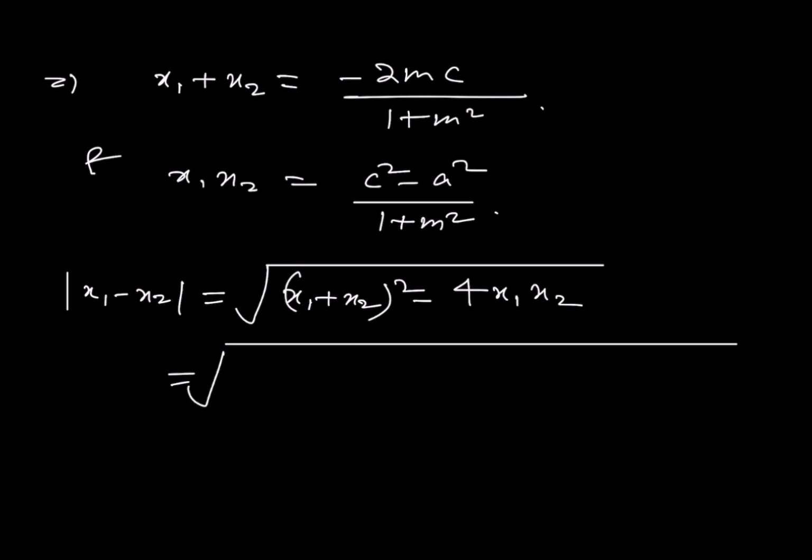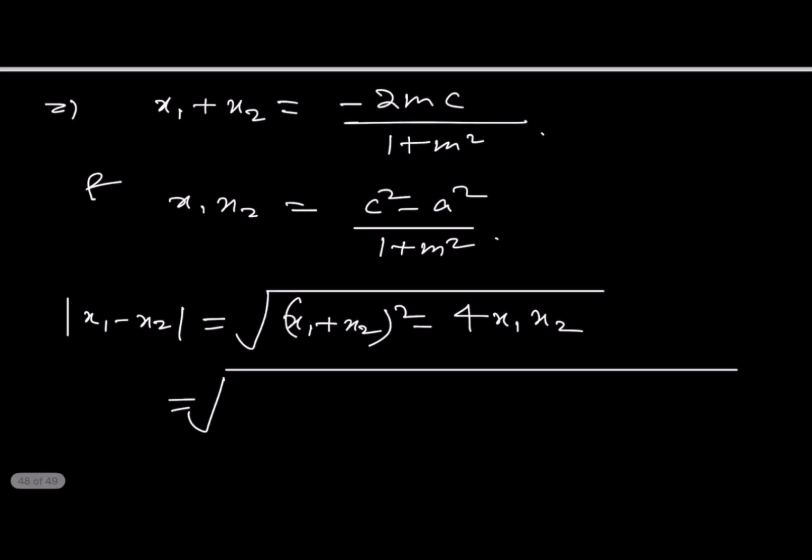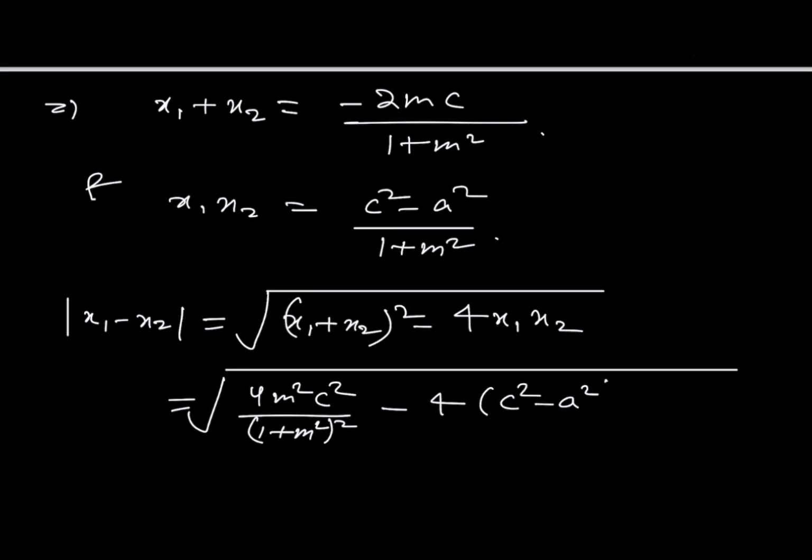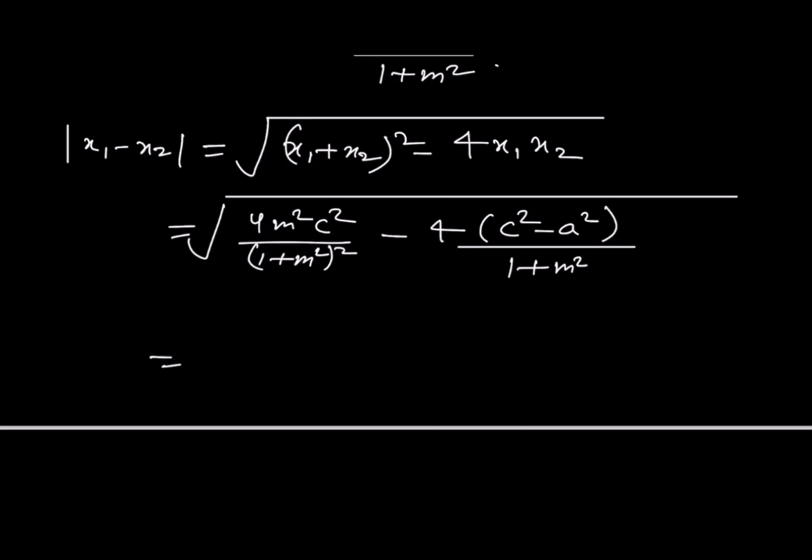If I put x1 plus x2 and x1 x2 in this radical, then we get 4m square c square upon (1 plus m square) whole square minus 4 times (c square minus a square) upon 1 plus m square.